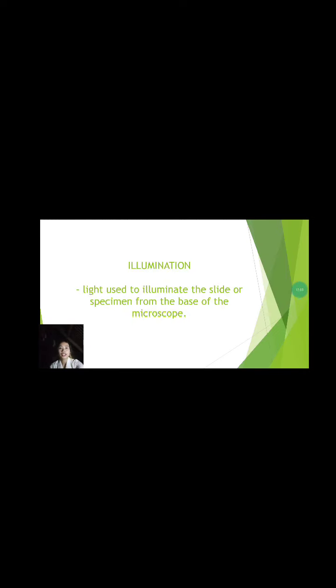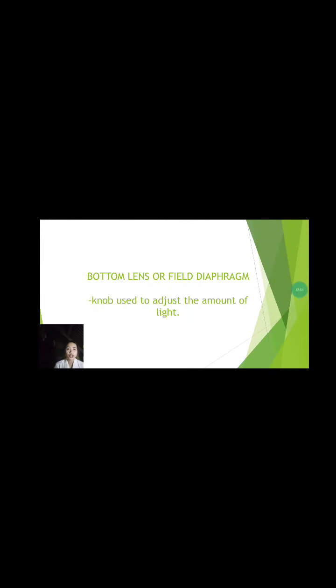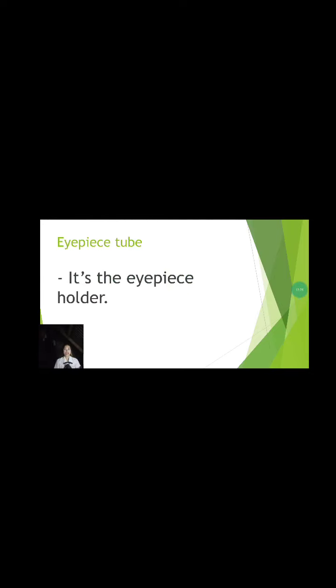And then next is the bottom lens or field diaphragm. This is the knob used to adjust the amount of light that reaches the specimen or slide from the base illumination. And lastly, the eyepiece tube, also called the eyepiece holder.